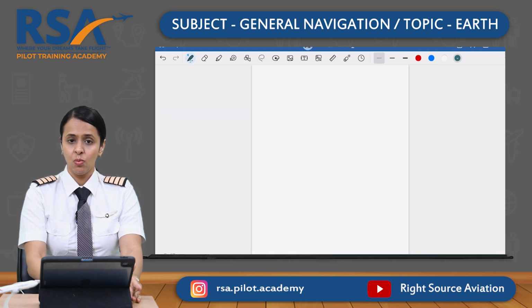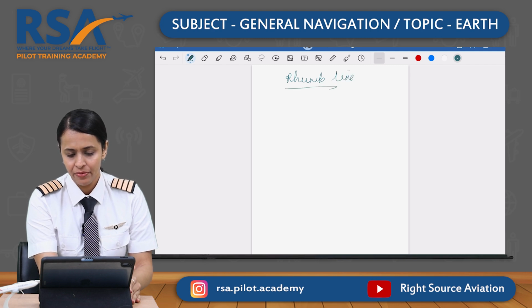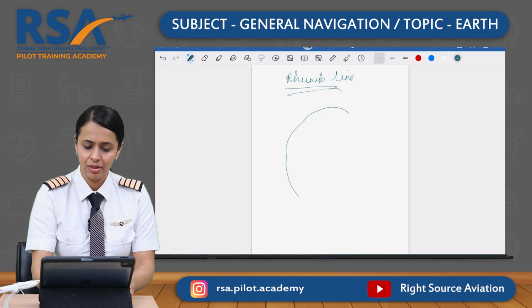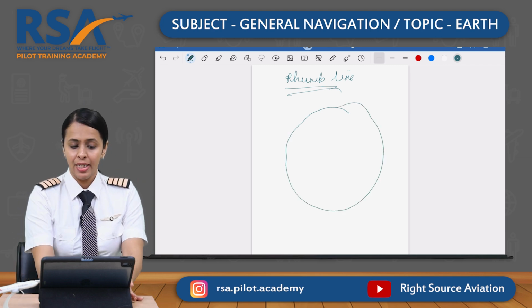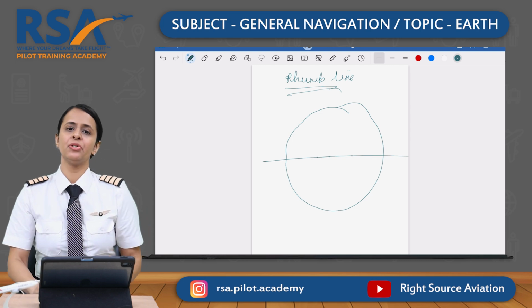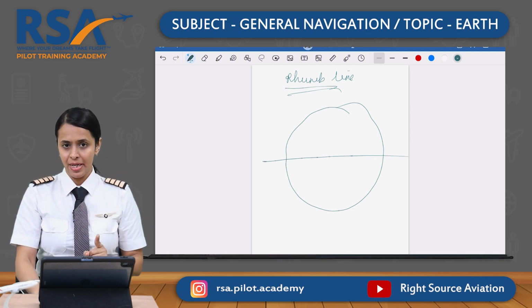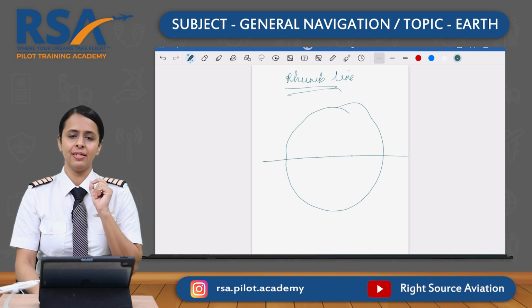Moving on to what is a rhumb line. Now what is a rhumb line? A rhumb line is actually a regularly curved line that I can draw on the earth, but it is not the shortest distance between any 2 points, although whenever you are flying a rhumb line track, you will maintain a constant heading or a constant direction.